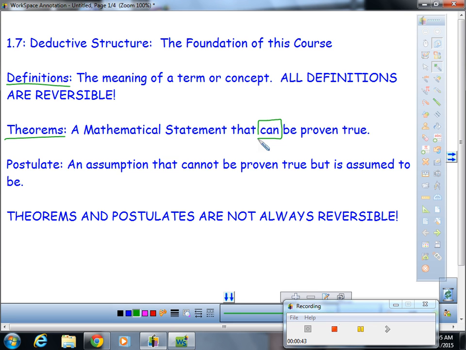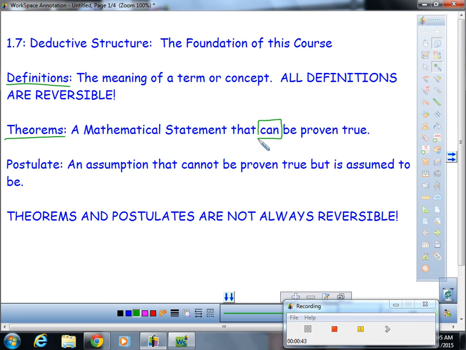Okay? A postulate is an assumption that cannot be proven true, but is assumed to be. Okay? The postulates are the foundation of the geometrical language. So, for instance, one thing that cannot be proven is that through any 2 points there exists a line.